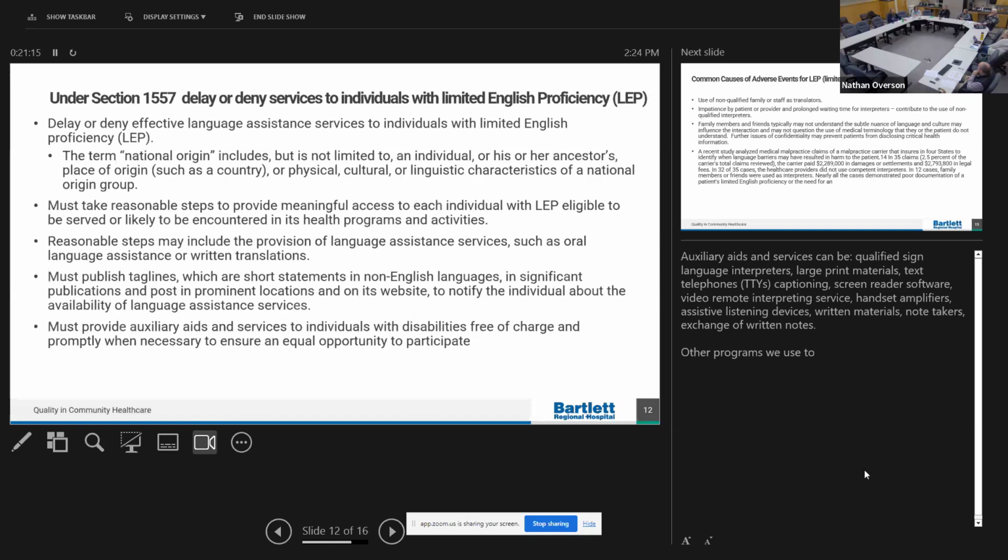And then children, minors, should not be the interpreters unless it's an emergency situation. That's pretty much the main piece of it.